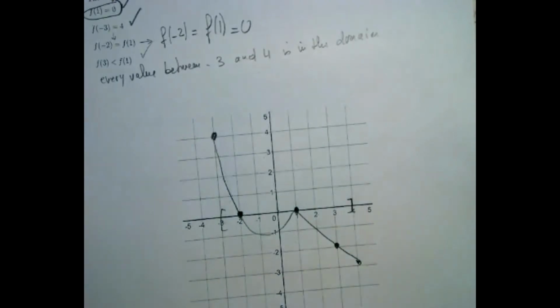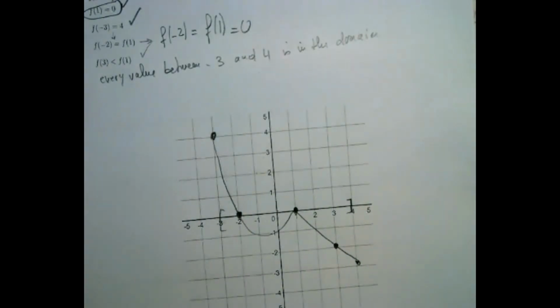When there's something like f of 3 less than f of 1, wouldn't the dot on the graph be hollow rather than filled in? No, because 3 is in the domain. They should be in output. Absolutely. When there is a hollow circle, something I will talk about a little bit later on, it means that 3 is not an input value.